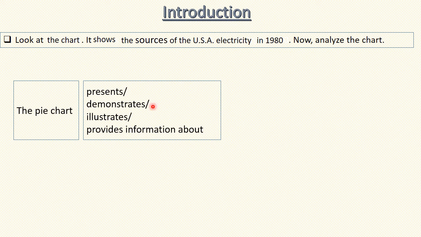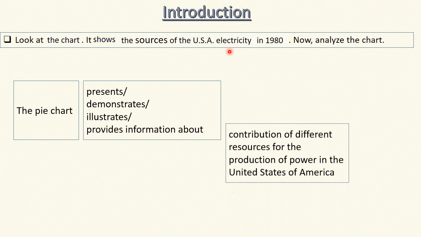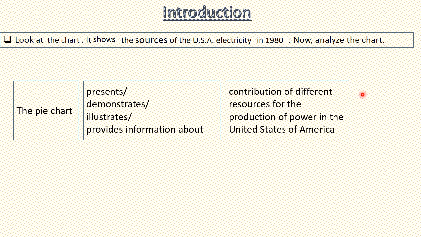Any one of the 4. The sources of the USA electricity. Instead of this, we can write contribution of different resources for the production of power in the United States of America. And in 1980, this can be replaced by in the year 1980.